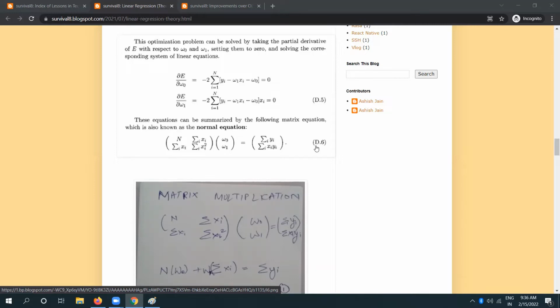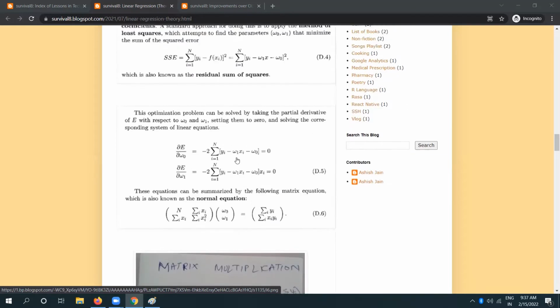I need to make sure. Then we set it to 0. Then if we set it to 0, then what do we get? W naught. You have put the equation in the form of a matrix, right? Okay, sorry, like W0 and W1.